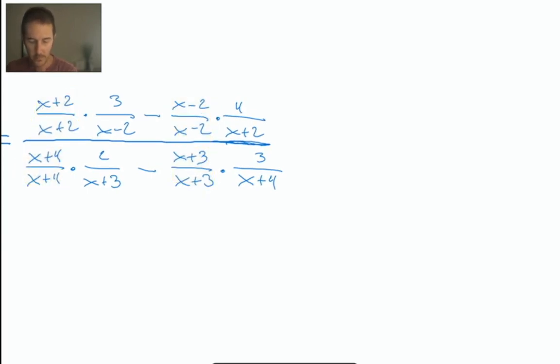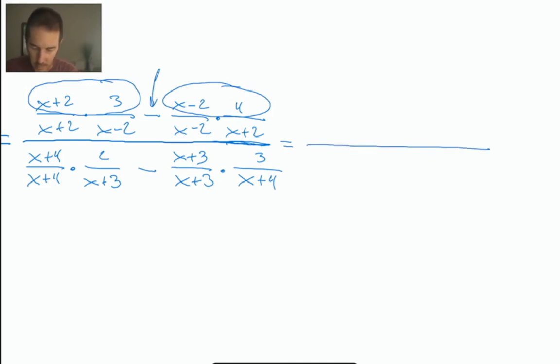Now, in my big numerator, I'm going to multiply these, and then I'm going to put a minus sign, and then I'm going to multiply these. For starters, 3 times x plus 2 minus 4 times x minus 2.